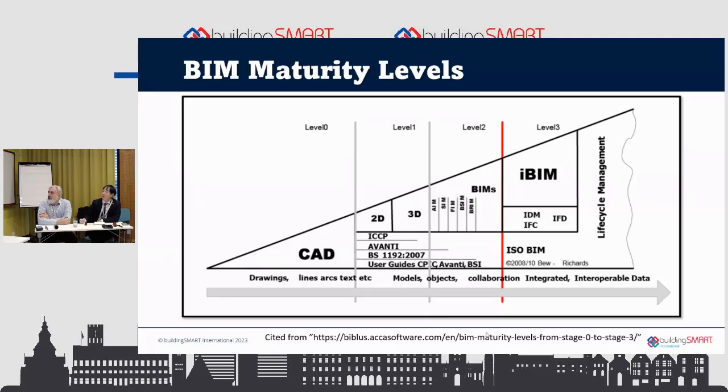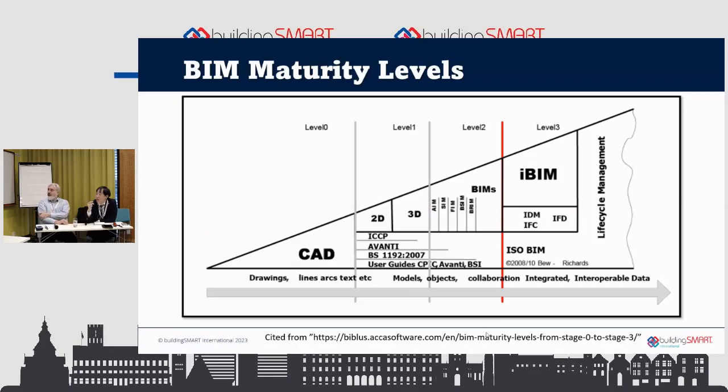So the people, including me, who know about level 2 BIM and level 3 BIM don't exactly understand what the difference is. This chart is a very old one, cited from some site.